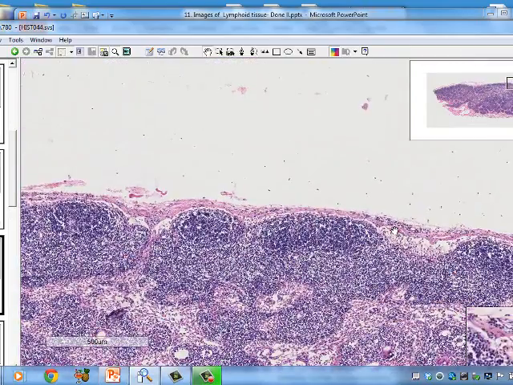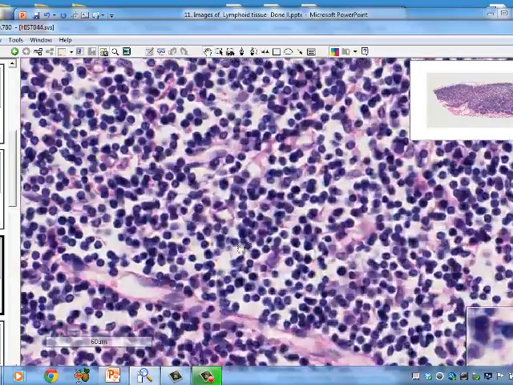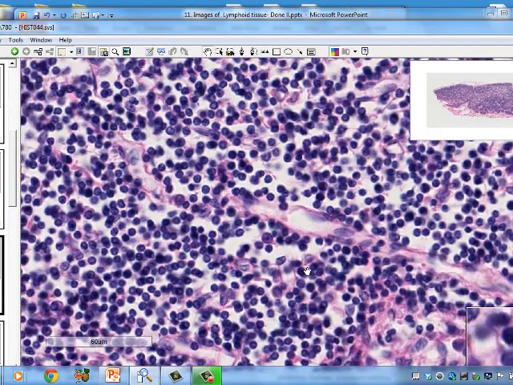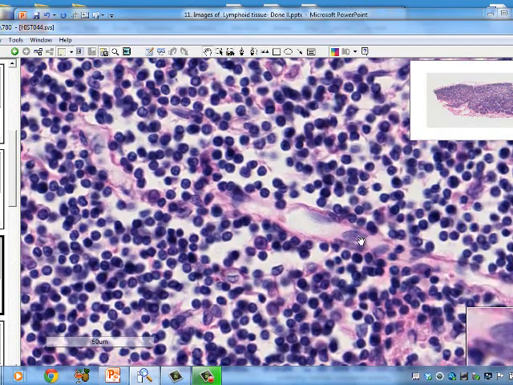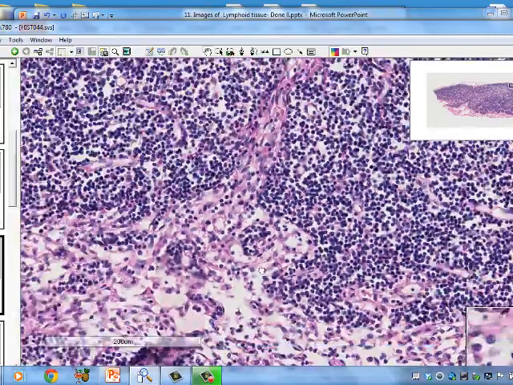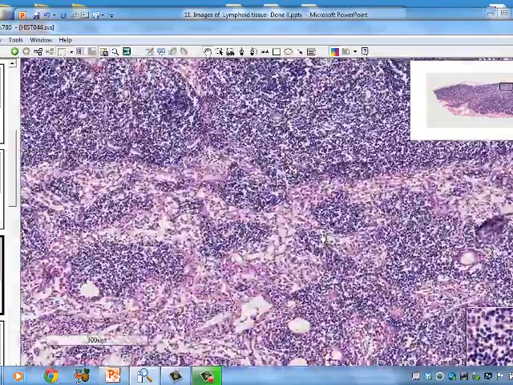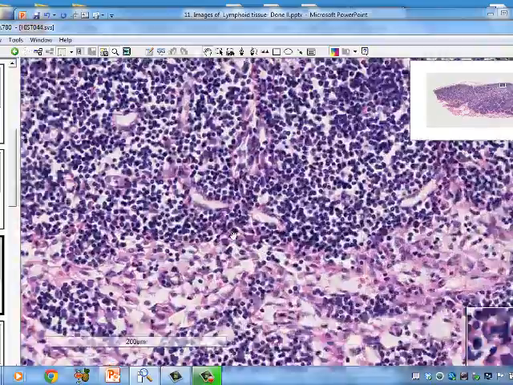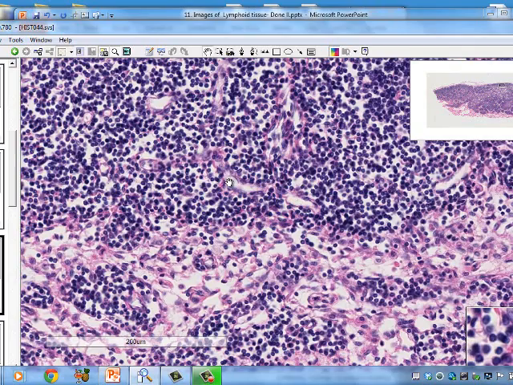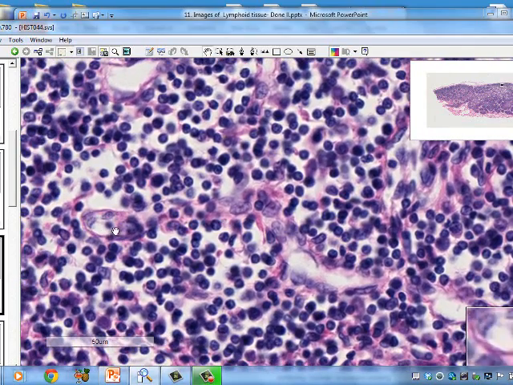If we look at this in slide 44, we see the subcapsular sinus, the follicles here, here, and here, and right in through there we should see the high endothelial venules. So right in through there you can see these cells are a little taller than your typical endothelial cells. So you see that right in the parafollicular region, right in through here and here is where we have these high endothelial venules.